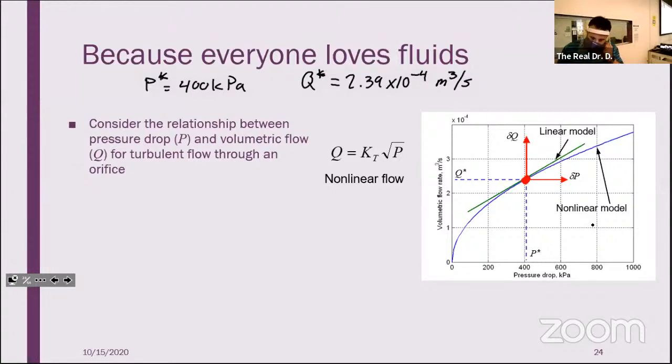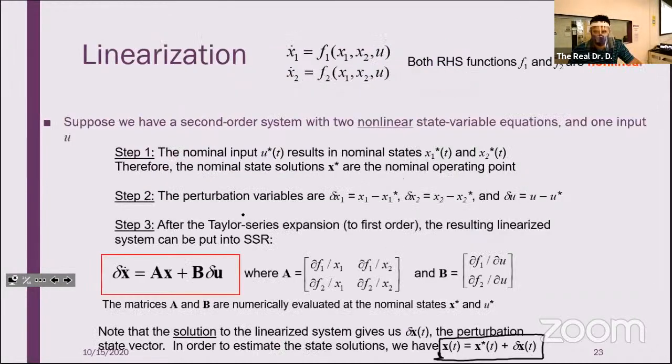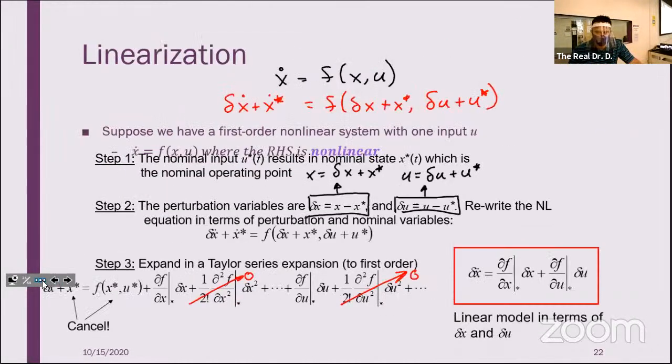Let's go back a couple slides and look at something. We're going to try this with the Taylor series expansion. So if I'm going to do this method, I found my nominal states. One is done. Did it.